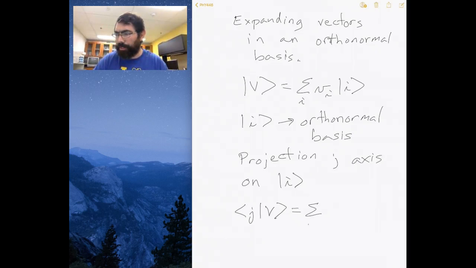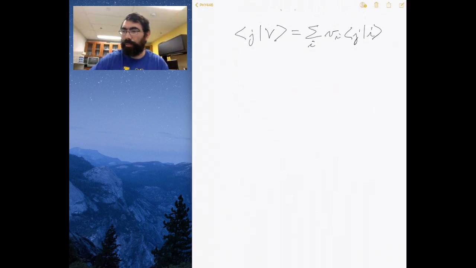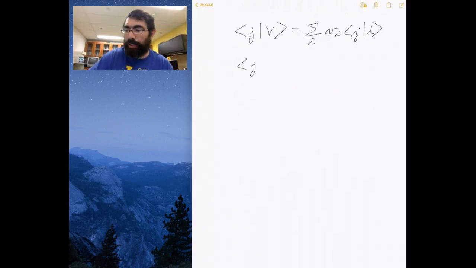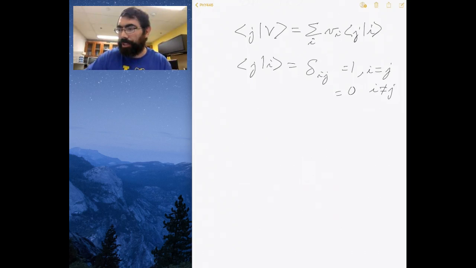And when I do that, I basically have all my coefficients, and then I look at the inner product of j on the basis itself. Again, this is kind of like taking the dot product. Now, if you remember from the previous video, the inner product of I on j, so the inner product of two axes in an orthonormal basis, is the Kronecker delta, which is 1 if I is equal to j, and 0 if I is not equal to j.